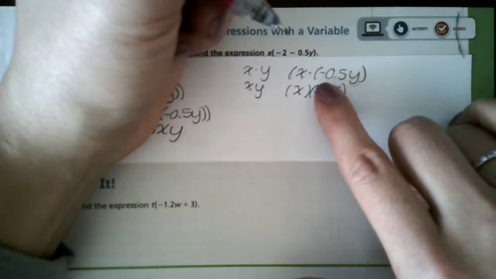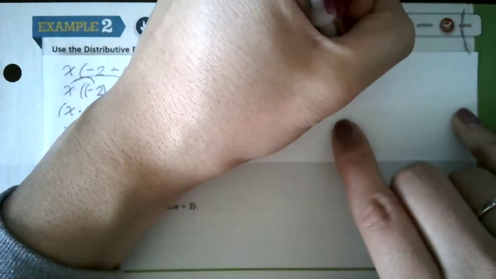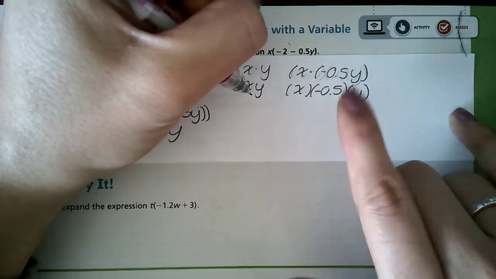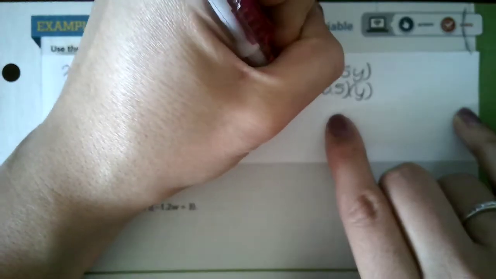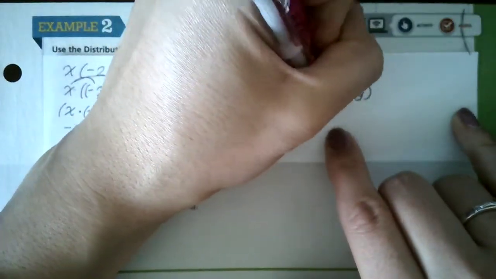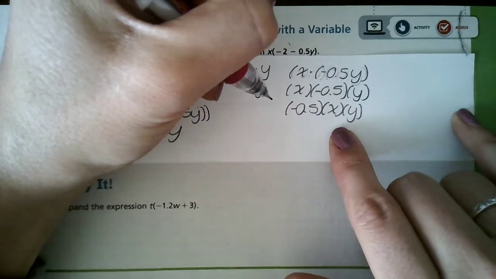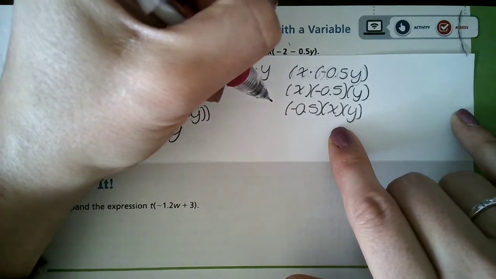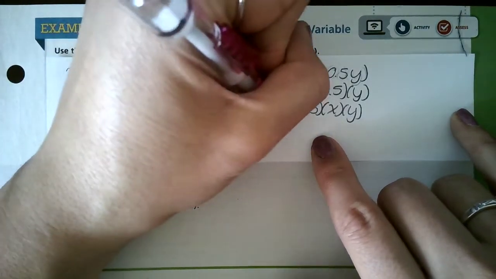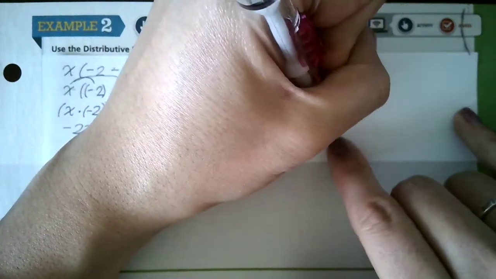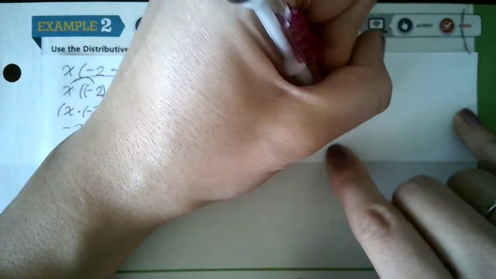Even the negative 0.5 is being multiplied by the y. So here it doesn't matter with multiplication the order. I could write this as negative 0.5 x times y, and I don't really need the parentheses because the parentheses tell me to multiply, but if I don't have them, I'd also know that negative 0.5 x is negative 0.5 times x, and if I put y there, I'm multiplying by the y.